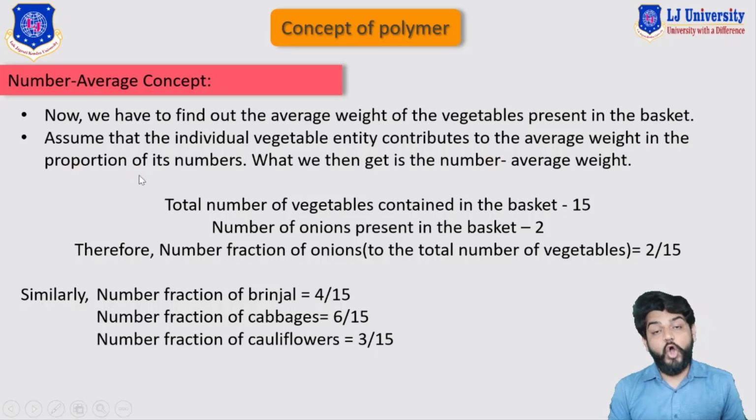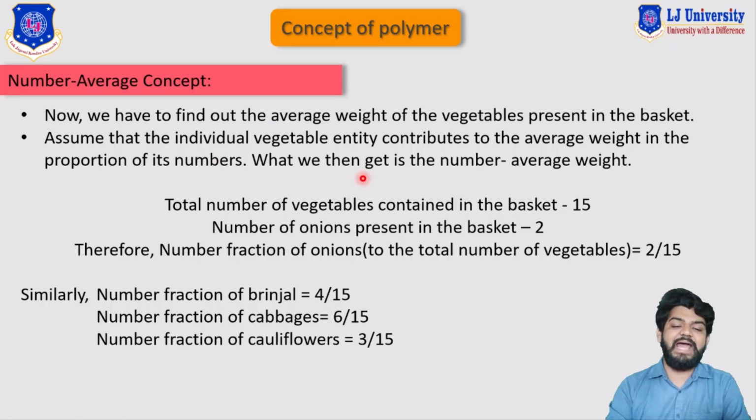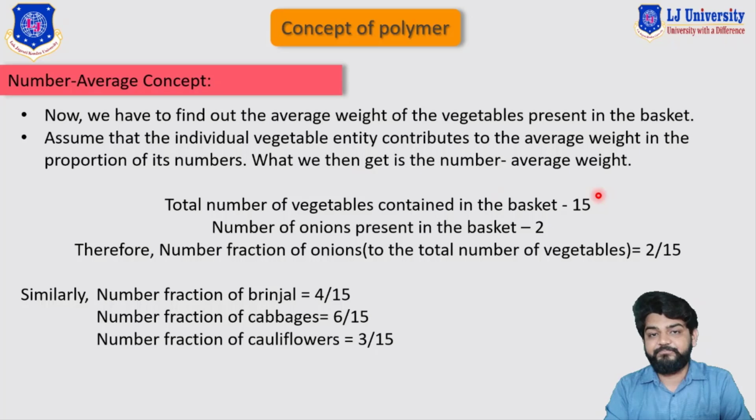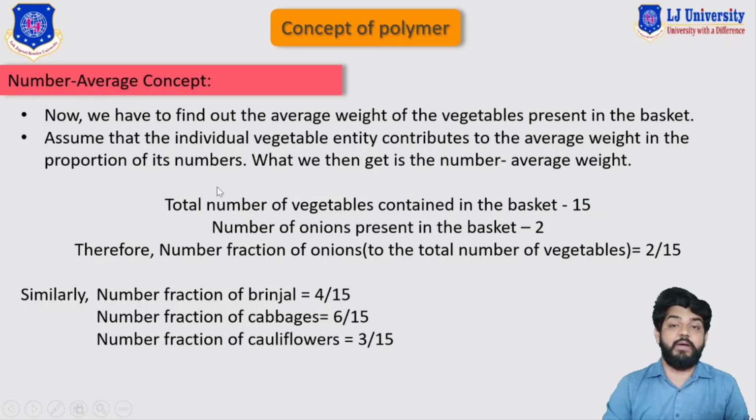So if the number of onions is 2, then it will contribute that amount to the average weight of the entire basket. Now let's do some mathematical steps in order to get the number average concept of this basket.